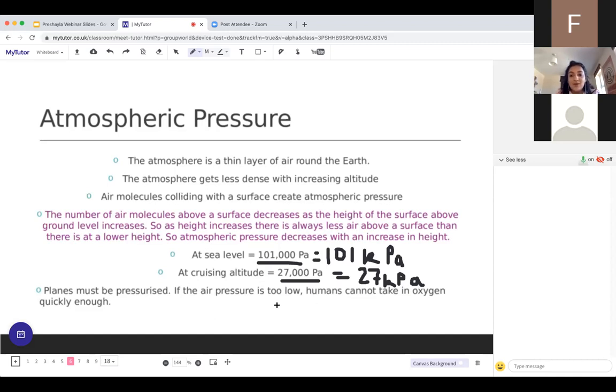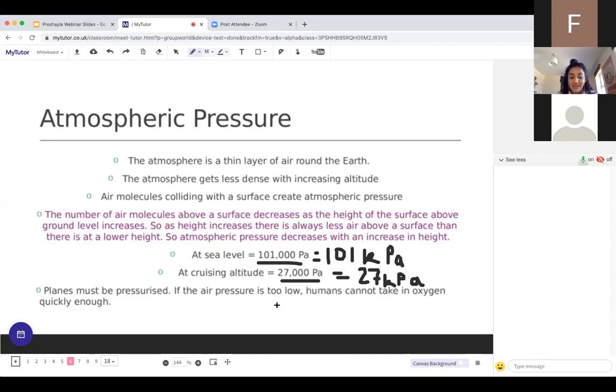So because we have such a low pressure in the air, planes must be pressurized. We must have pressure in a plane, because if the air pressure is too low, humans cannot take in oxygen quickly enough, and that would cause asphyxiation, which is basically where no air can get to your lungs and can possibly be fatal.